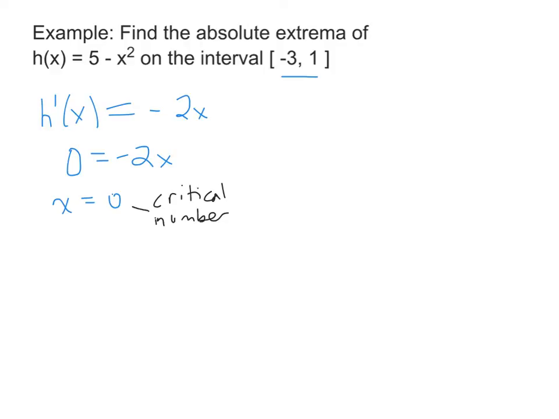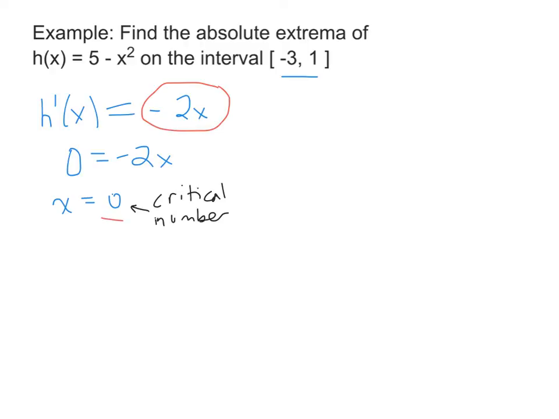Now, where does our derivative not exist? If I look at this, -2x, I don't have any x values where that happens. This derivative is defined for all values of x. I don't have any domain restrictions there at all, so we're fine. This is our only critical number at 0.